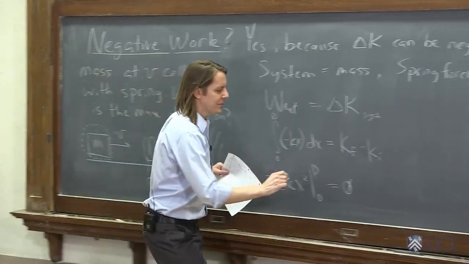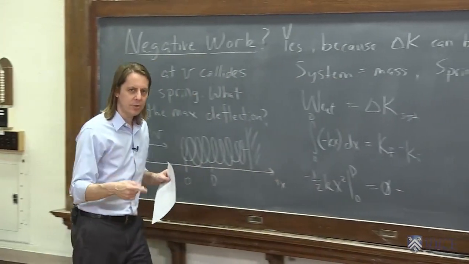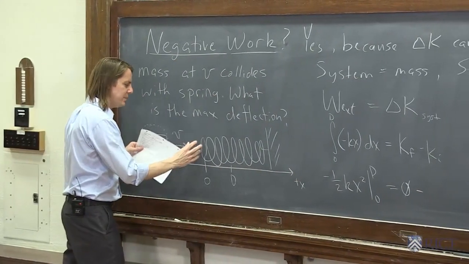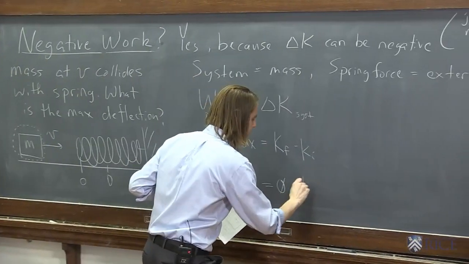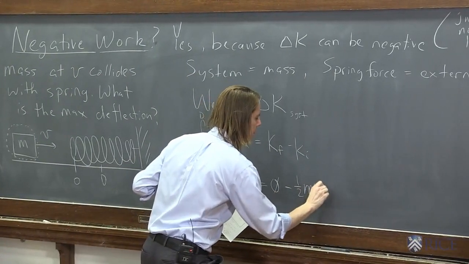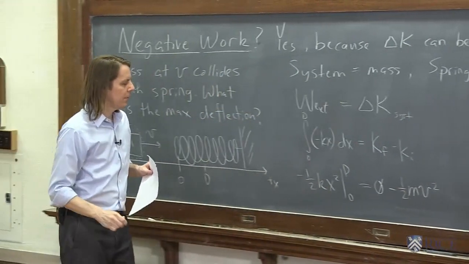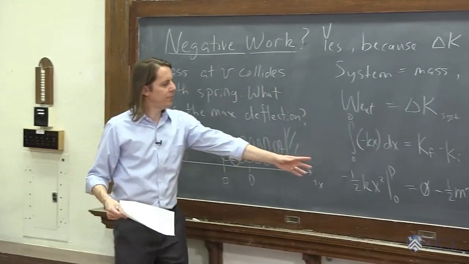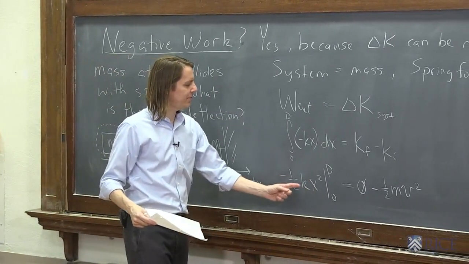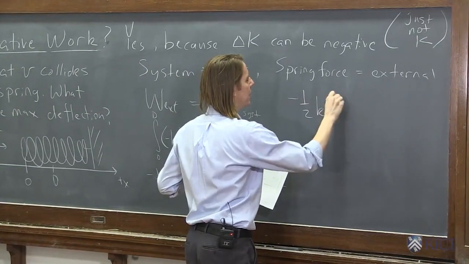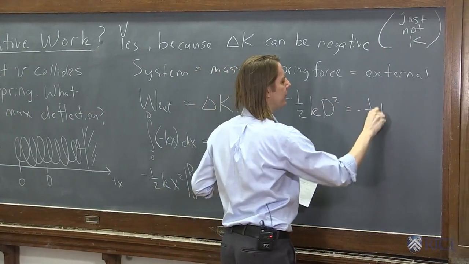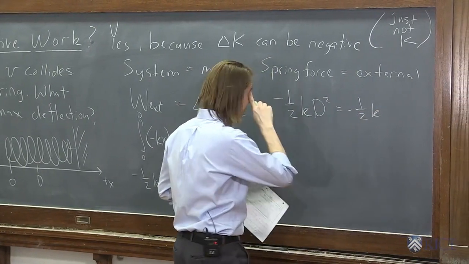And then minus the initial kinetic energy, what it had when it first hit the spring, and that's just 1/2 mv squared. All right, so when we evaluate our limits here, this is minus 1/2 k D squared. Minus 1/2 k D squared equals minus 1/2 mv squared.